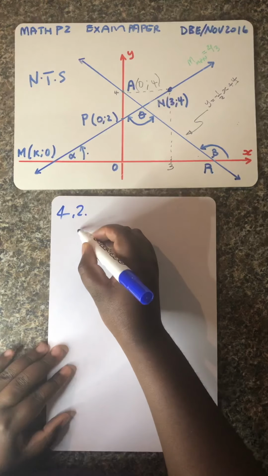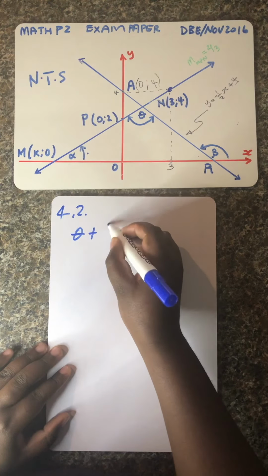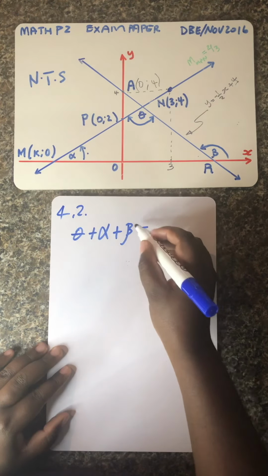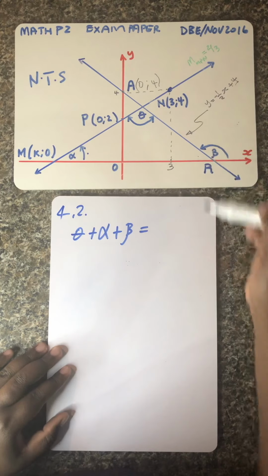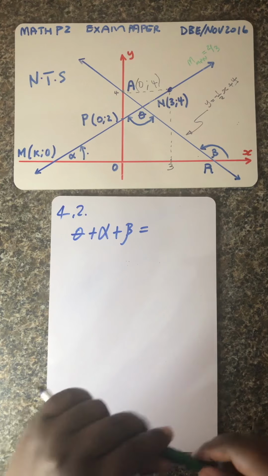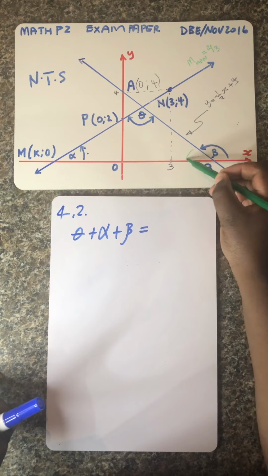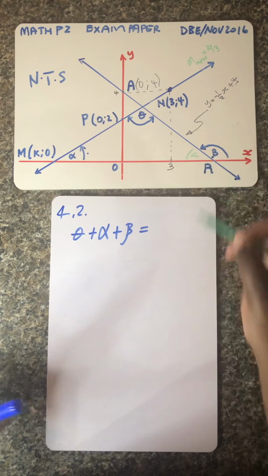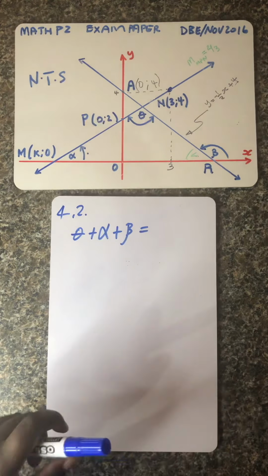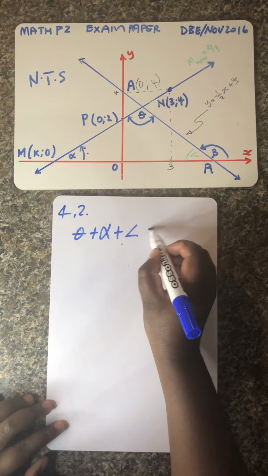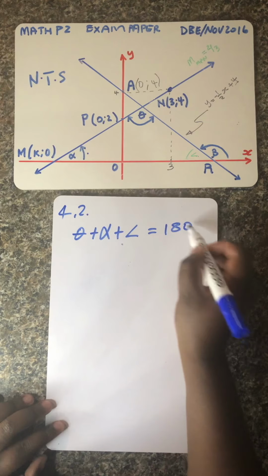So guys, remember, angle theta plus angle alpha plus angle beta, it's not angle beta, but that angle. I'm not sure if we can just refer to that angle as an unknown angle. Let's just use a, so a plus that angle is equal to 180 degrees.